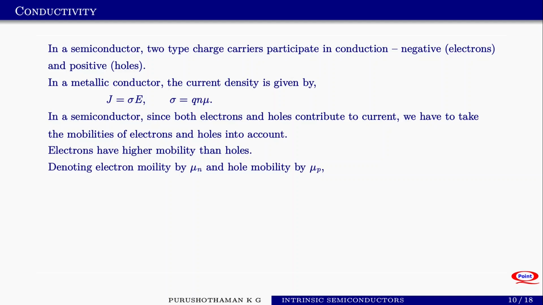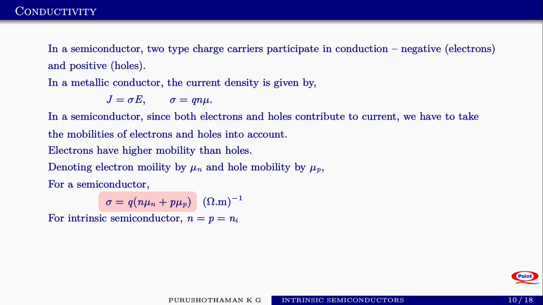Denoting electron mobility by mu n and hole mobility by mu p, we can write for a semiconductor a conductivity sigma equals Q into N mu n plus P mu p per ohm meter. For intrinsic semiconductor, N equal to P equal to Ni.